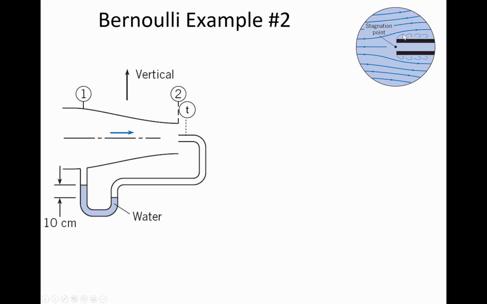So at this stagnation point, these little blue lines are the streamlines. It shows that there's some air that flows around the stagnation point on either side. But then for the streamline that runs right into the opening of that tube, all of the energy that was tied up in the velocity head suddenly turns into zero.